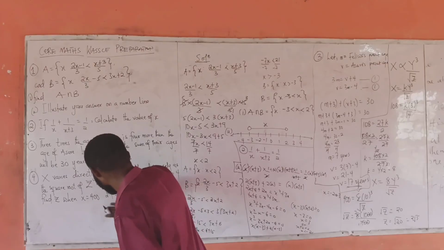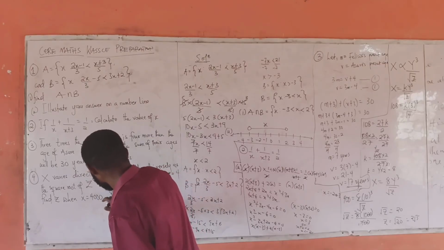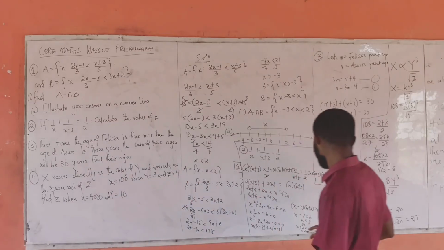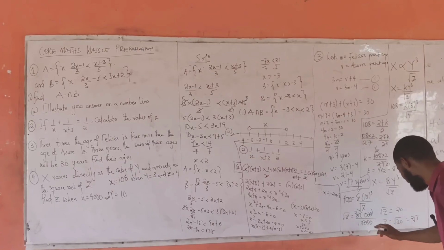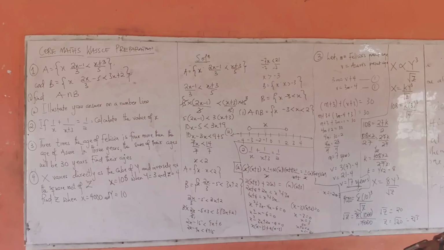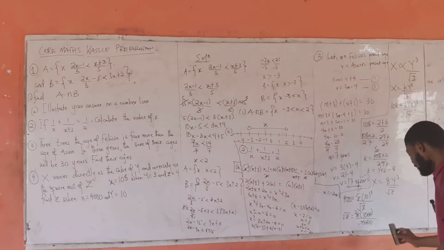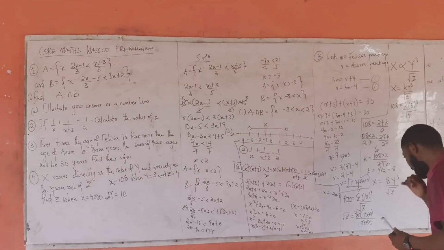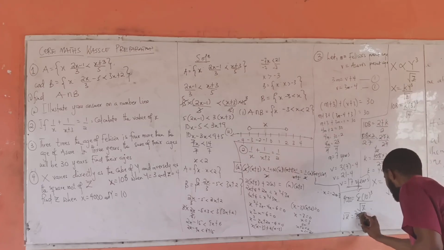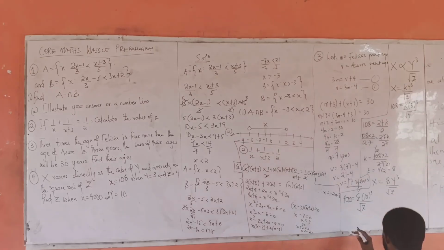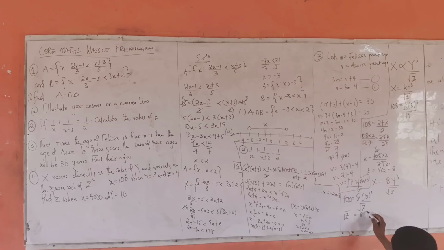Sorry again. The x is supposed to be 4,000. So sorry. So 4,000. So this and this would go. If that is 4,000 there, then I can have root of z is equal to 8 times 1,000 all over 4,000.